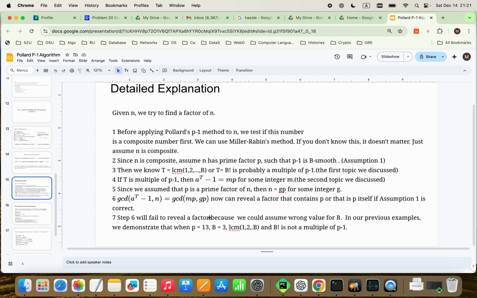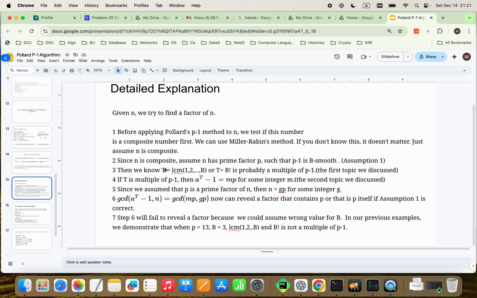So our step 6 may fail to reveal a factor because we could have assumed the wrong value for b. For example, before in our examples, we assumed b equals 3.